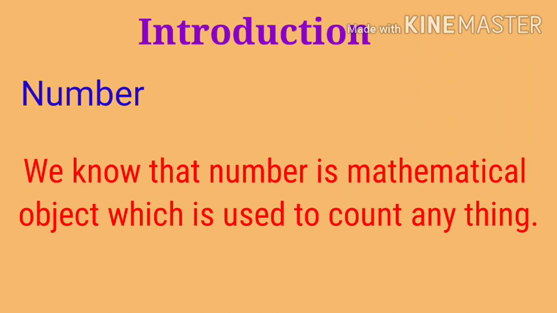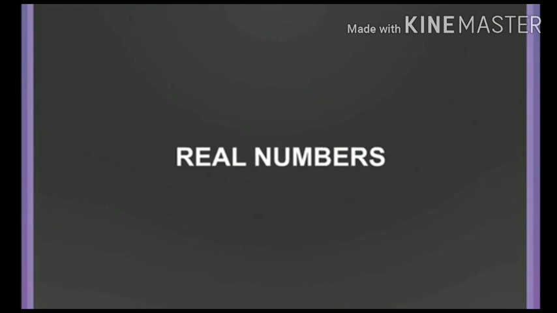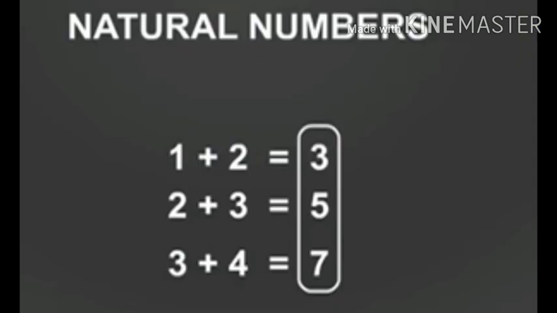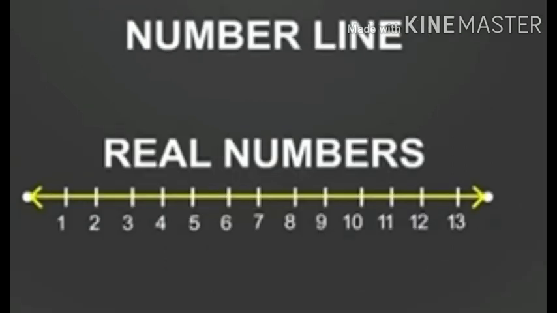Number, we know that number is the mathematical object which is used to count anything. Here in these real numbers we are going to study what is the meaning of real numbers. Before that we have studied the natural numbers, that is 1 plus 2 equal to 3, 2 plus 3 equal to 5.